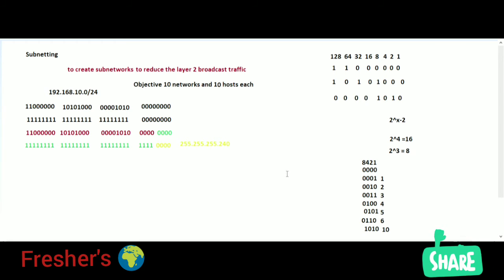Okay, we already have the first combination, which is all zeros. So the first subnet ID is 192.168.10.0. Because the first combination is all zeros, this is the first subnet ID.